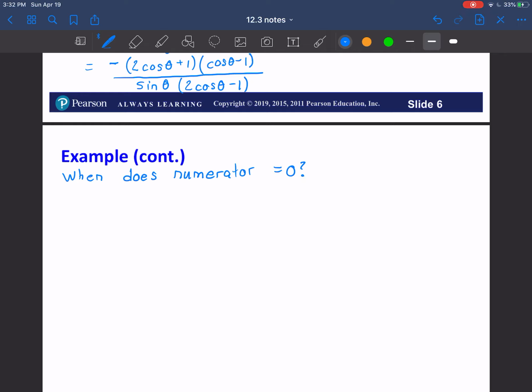And remember that theta is between negative pi and positive pi. All right, so the numerator is equal to 0 when either piece is equal to 0. Okay, so the first possibility is that 2 cosine theta plus 1 equals 0.